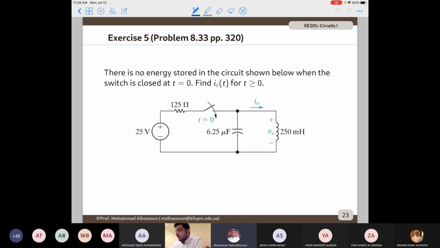Yes, source transformation, to make it parallel. Because remember, the analysis that we studied so far is for the parallel RLC circuit. Is this one a parallel RLC circuit? No, it is not. So we can use the tool that we studied in chapter 4 to transform this one into a parallel RLC circuit by using source transformation.